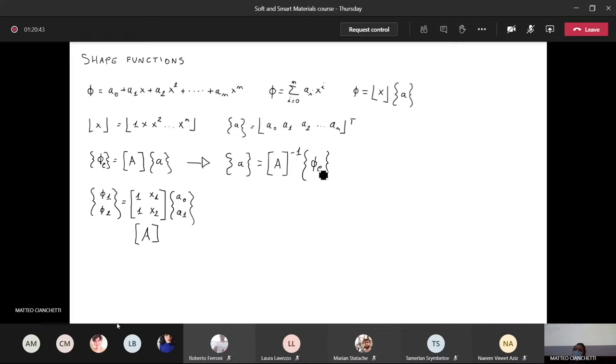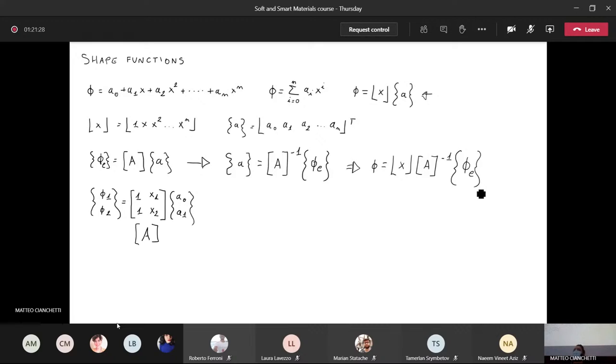Now, if we substitute the definition of phi in this new equation, we have phi equal to x multiplied by the inverse of A multiplied by the vector of the nodal values.